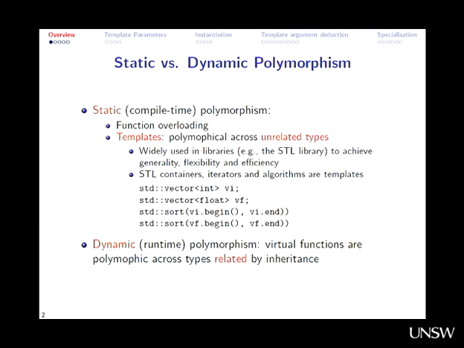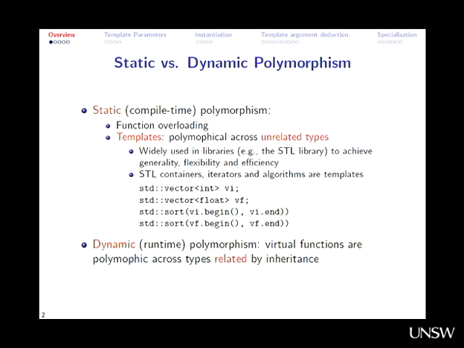Particularly if you're doing Java, you might have talked about a bank account and a check account. A check account extends or inherits bank account, so a check account does everything that a bank account does, but more. And so you can treat the check account object in the same way that you treat a bank account object. That's runtime polymorphism. We haven't done that in C++ yet. We'll do it in about week 11, okay?